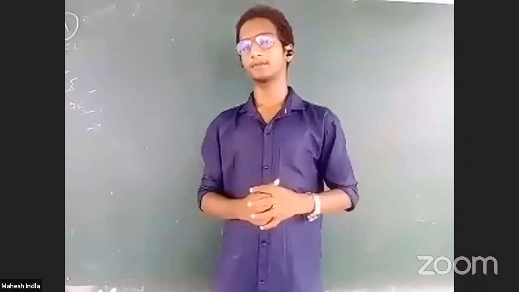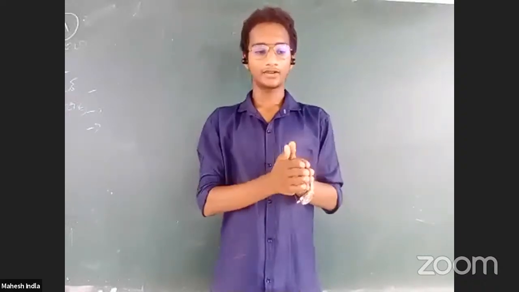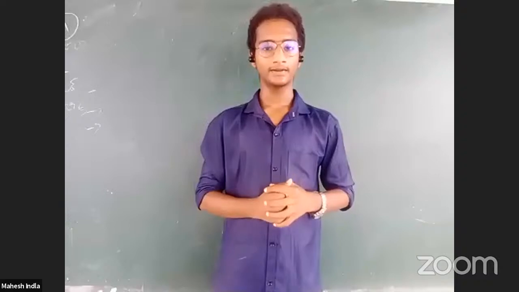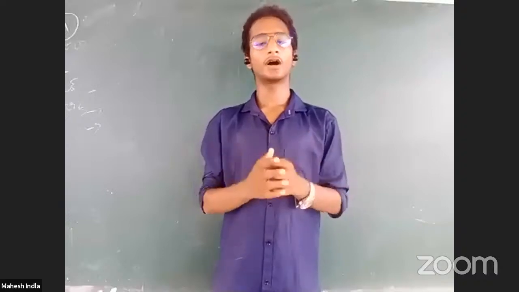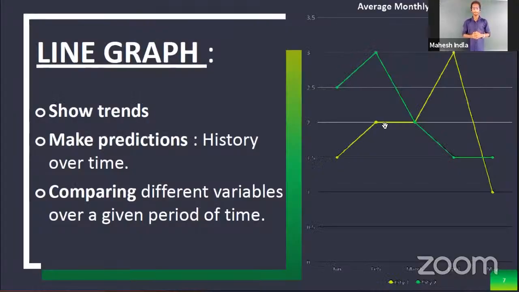So how can we make the predictions? If we see the line graph on your screen, you will observe the ups and downs of those lines. They are just representing the data.